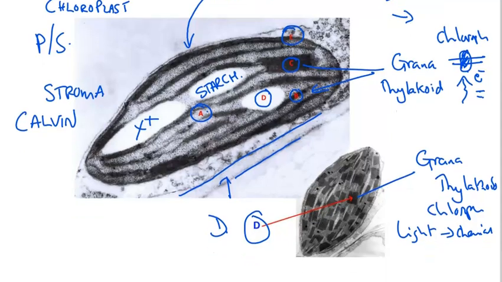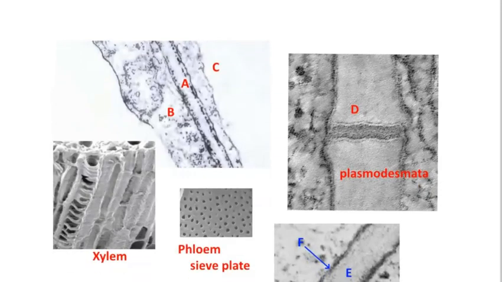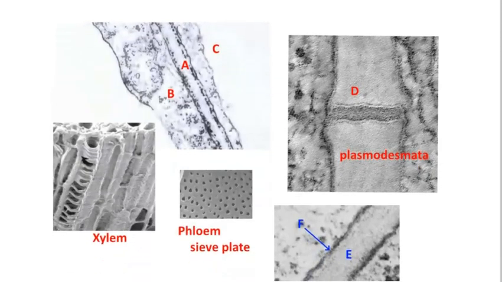Let's take a look at our next micrograph. And this micrograph here is a development of the previous image. And here we have the plant cell wall. So this is the cell wall structure, usually characterized by the quite clear zones down the center of two very parallel lines like so.